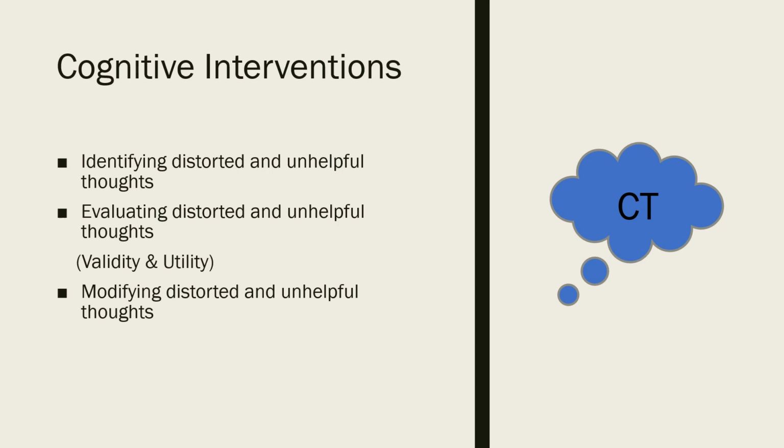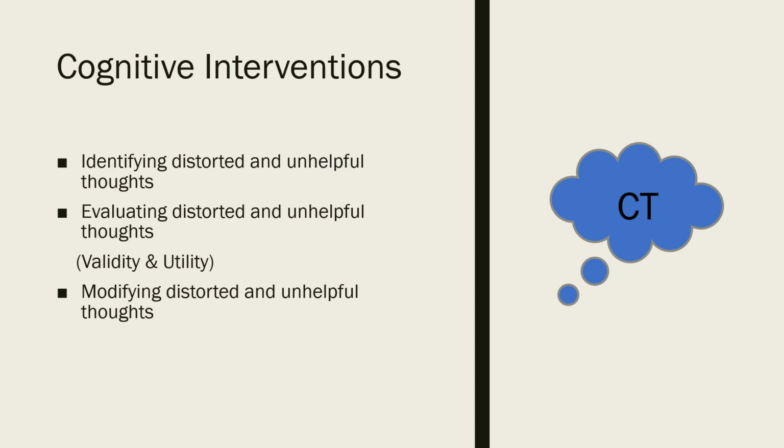Because, as I mentioned, the cognitive conceptualization of anxiety disorder is based on the risk and resource model. Clients have the tendency to always overestimate the level of threat while underestimating their ability to cope.